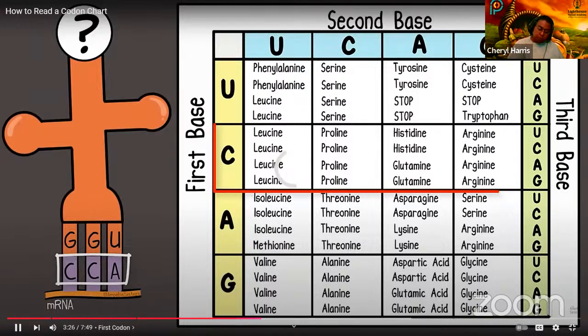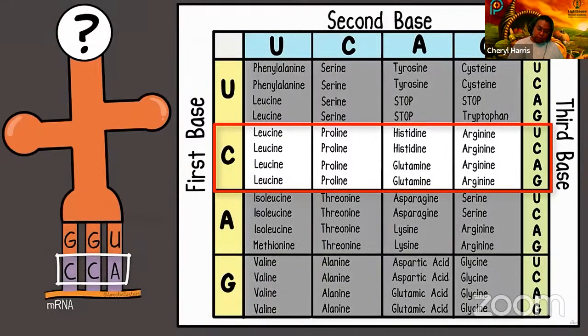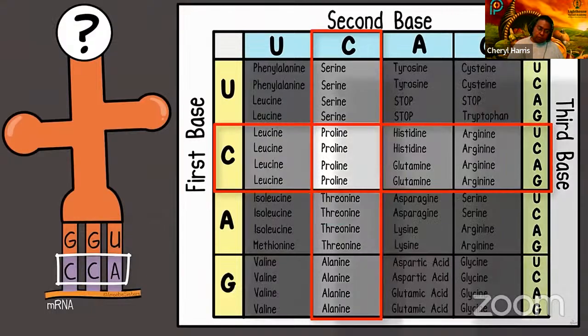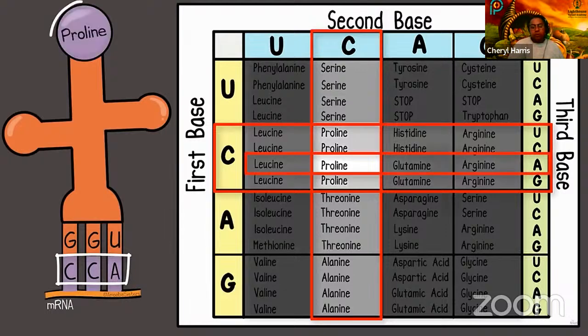First base letter, C. That narrows down this row. Second letter, C. That narrows down this column. And therefore, this area here where they meet. Third letter, A. The amino acid proline.